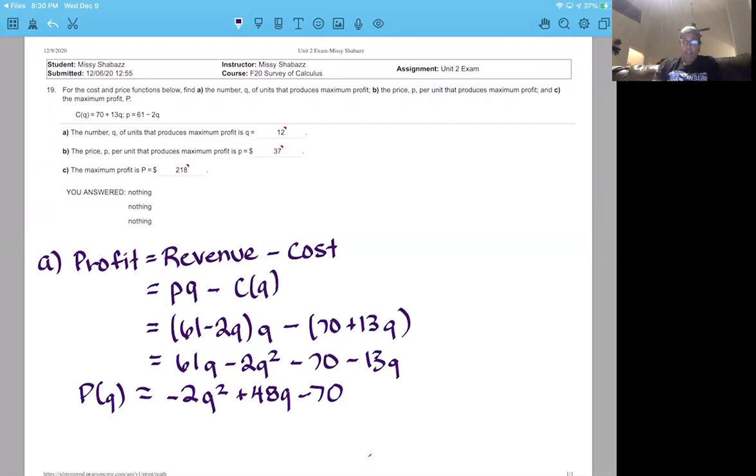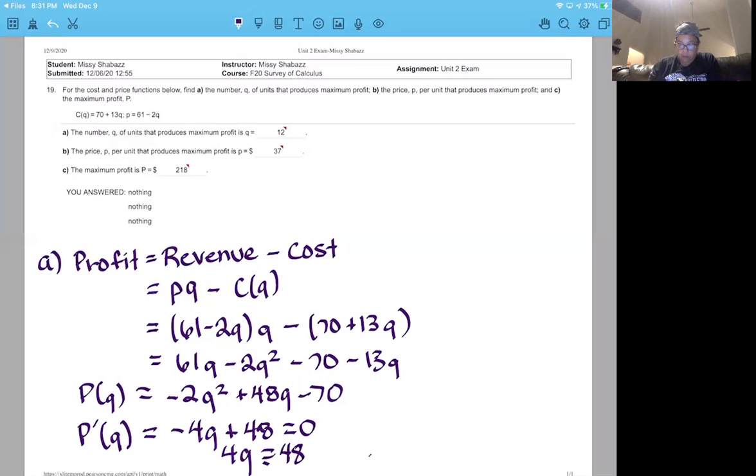So now we want to take the derivative. And I get a negative 4Q plus 48. I'm going to set that equal to 0. And that means 4Q equals 48. So Q equals 12. We should really make sure that that does give me a maximum.